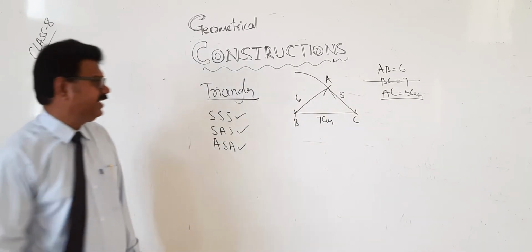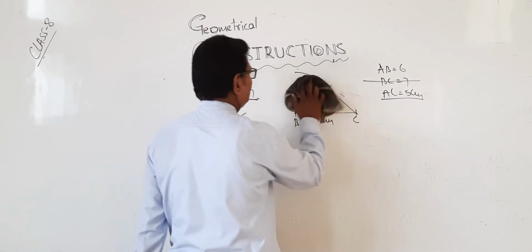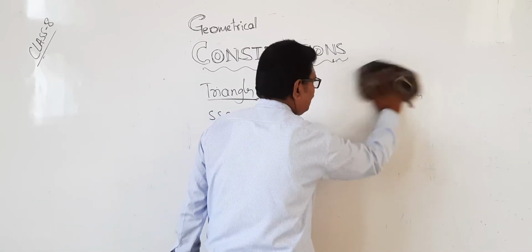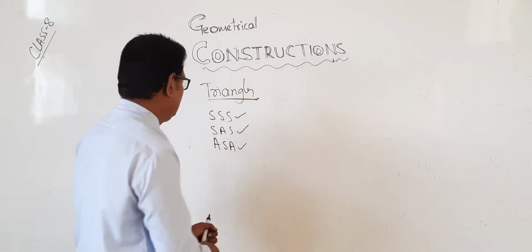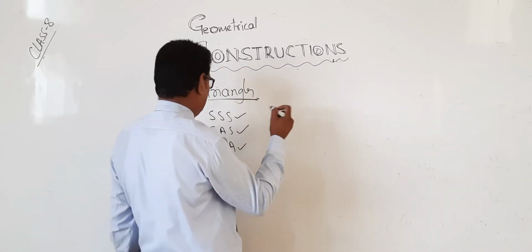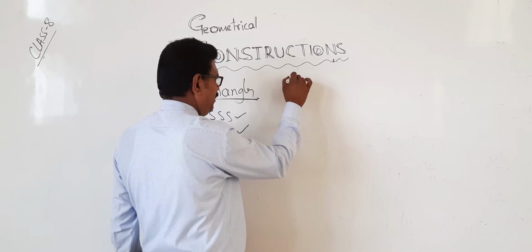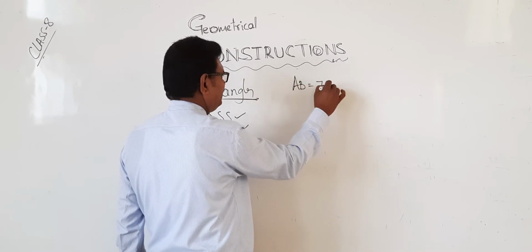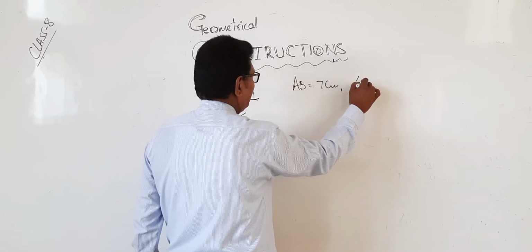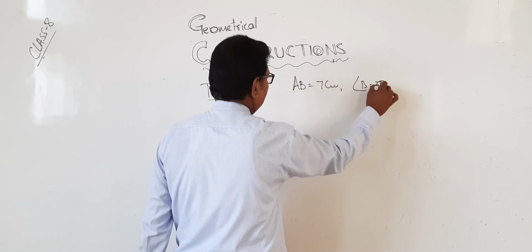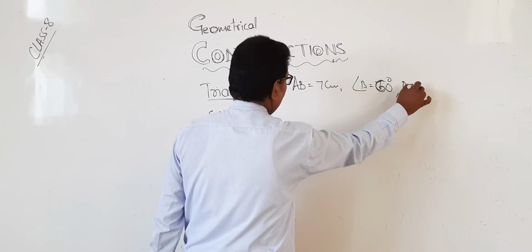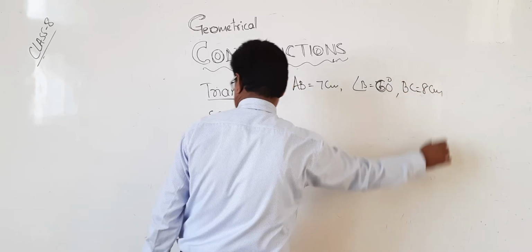Okay, right. One more thing we can do. Now, two sides and the angle given. For example, AB is equal to 7 centimeters, angle B equal to 60 degrees, and BC equal to 8 centimeters.